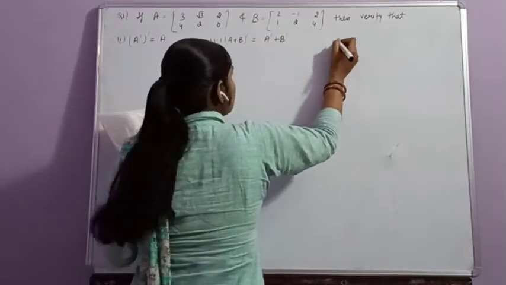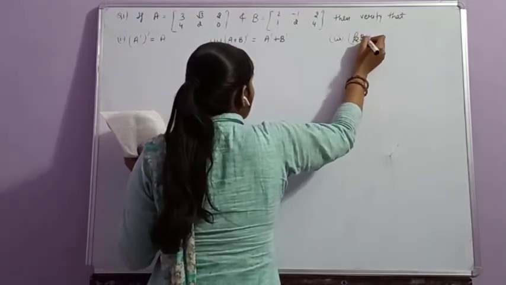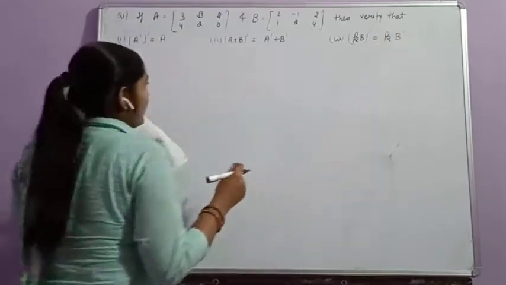Third one is K multiplied with B all transpose is equal to K multiplied with B transpose.